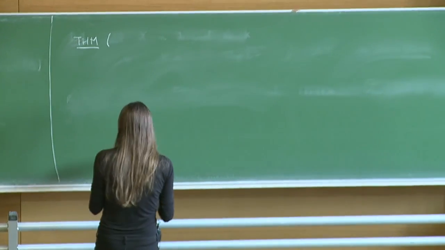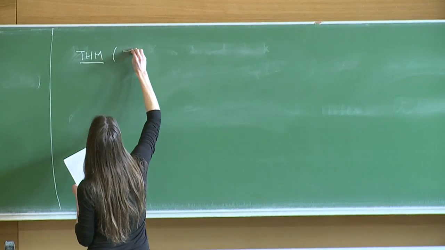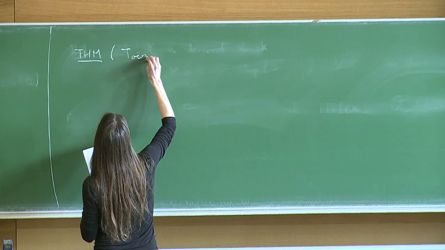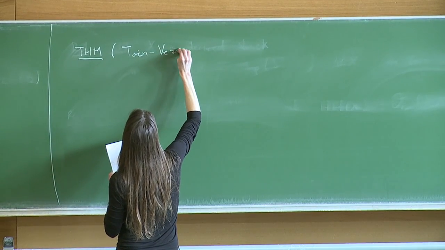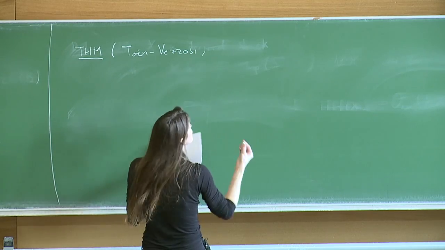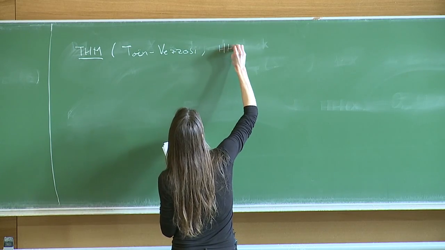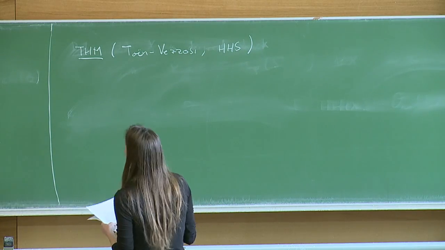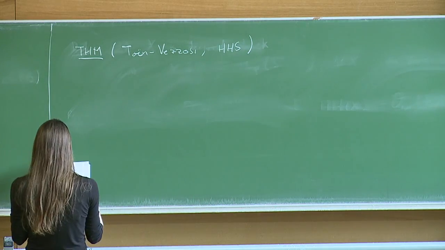So the first construction of the categorified Chern character goes back to Toen and Vezzosi for infinity groupoids, and we have extended this construction to infinity 1 categories and shown some of the properties I will just mention.